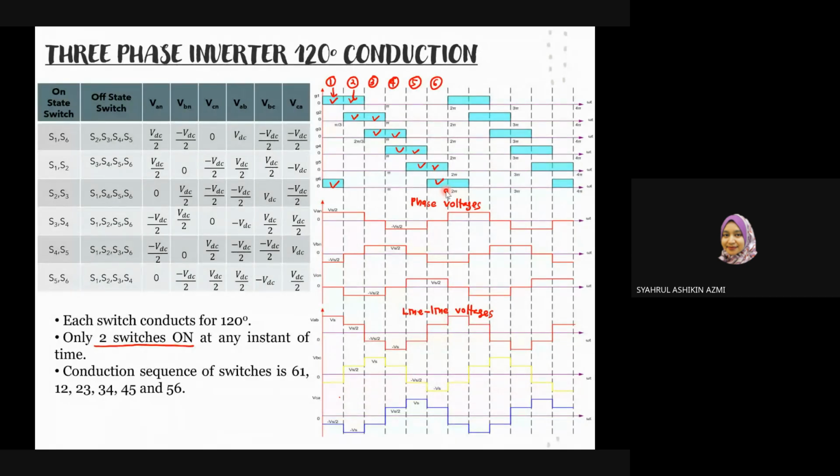For 120 conduction, there are two switches that will be turned on at every 60 degree interval. How do we see which switches are turned on and off for every 60 degree interval? We can look at our gating signal waveform.